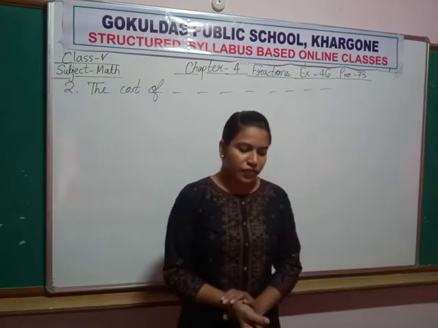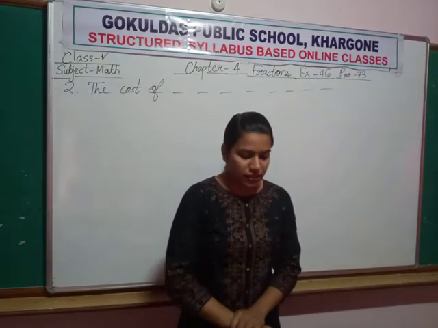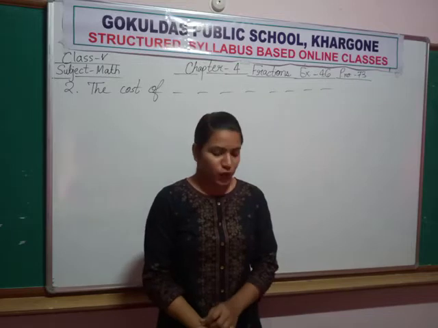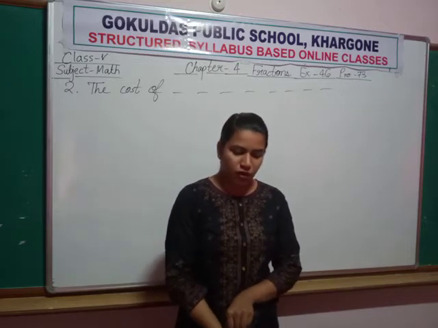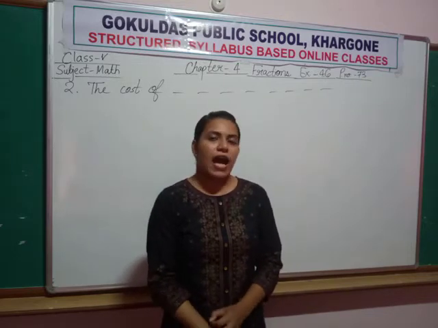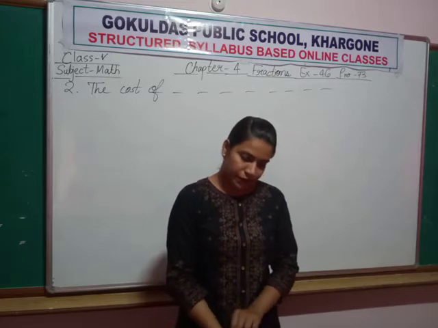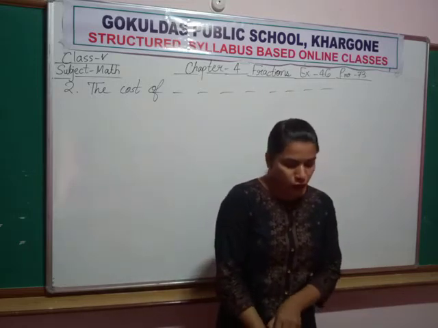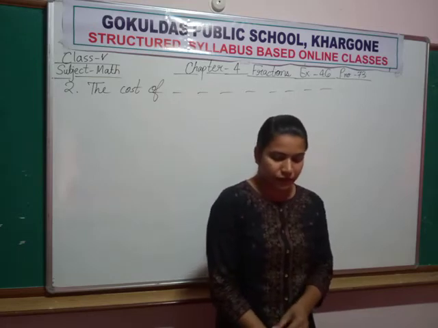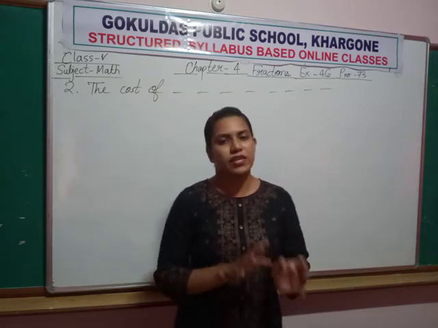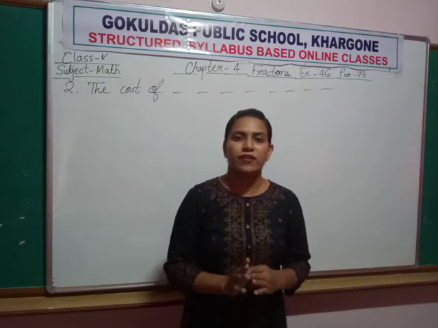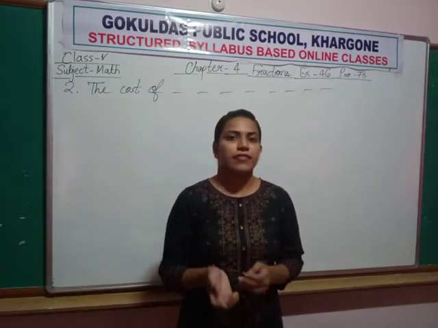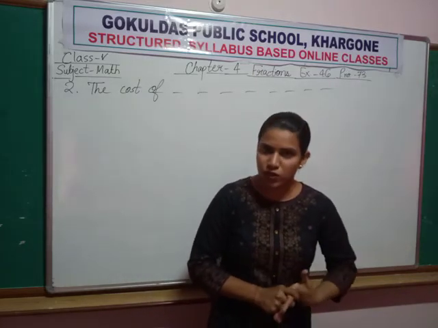The cost of 3:1/2 kg of rice is rupees 140. Find the cost of 1 kg of rice. I already explained to you, if the cost for more things is given and they are asking to find the cost for one thing, then in such cases we perform the division operation.